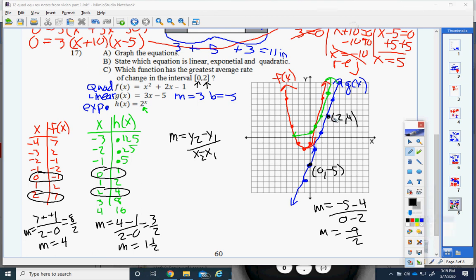I'm so silly. This is not the point 2, 4. This is where x is 2. This is the point 2, 1. I knew I was making a mistake.